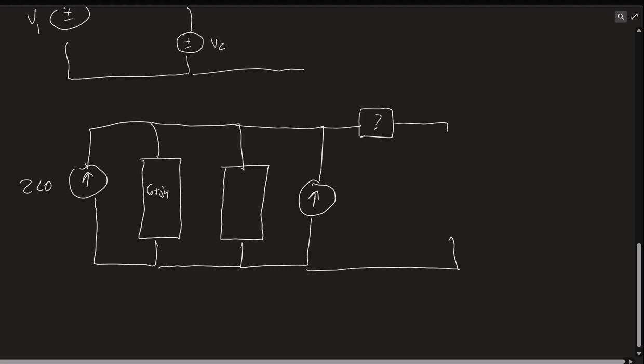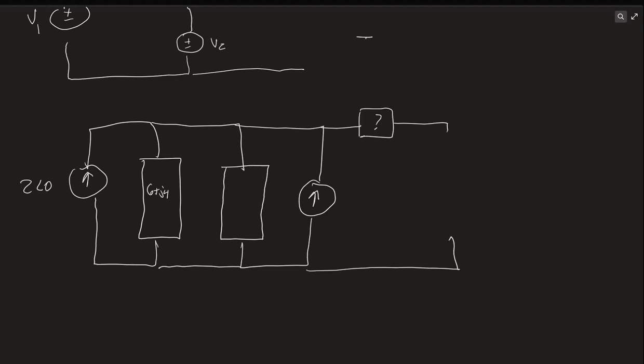And when you do this source transformation, your current source is going to equal your voltage source over your impedance. So this would be your transformation.